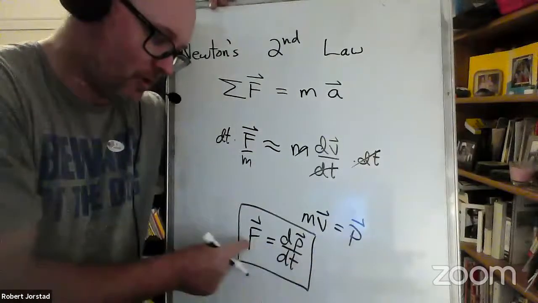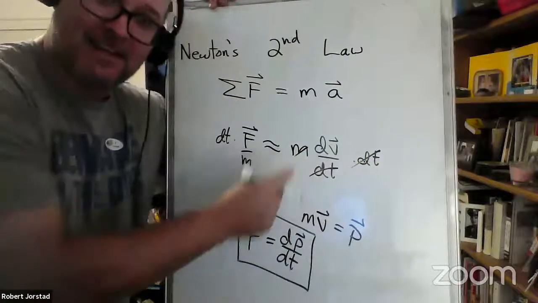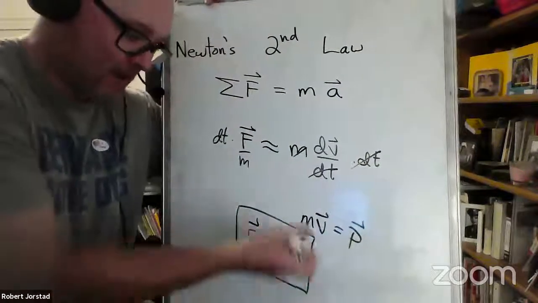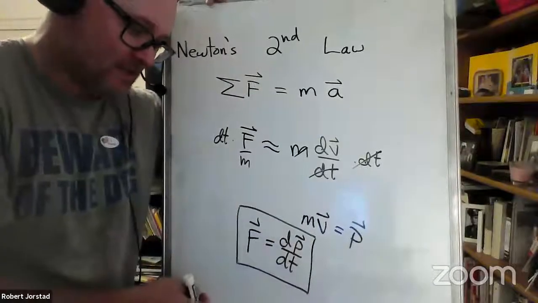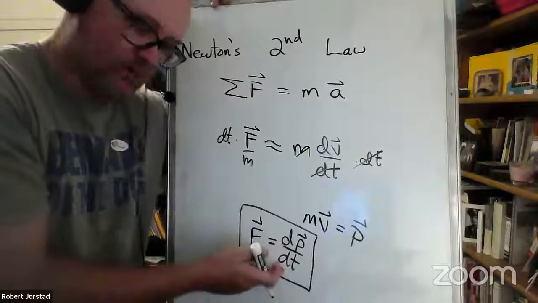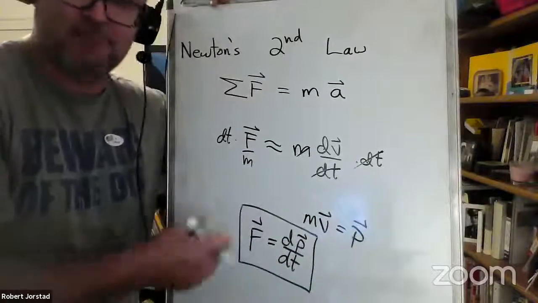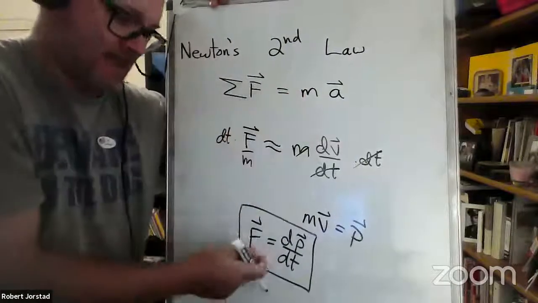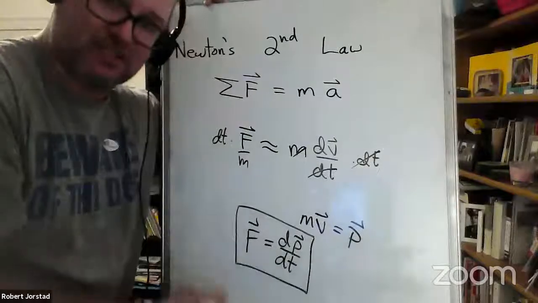Turns out this equation is actually true in relativity, whereas this one is not. It turns out this is a better way to write force. So we say that changes in momentum over time relate to force, but basically it's the same thing. F equals ma. So this is the subject of your next course.